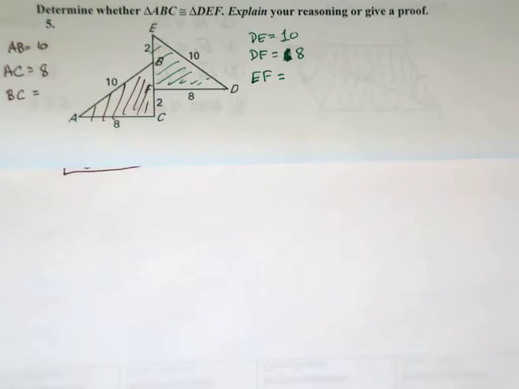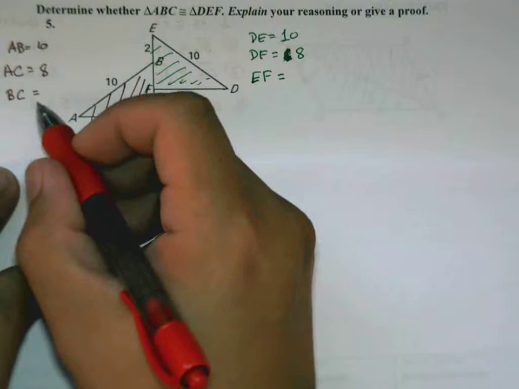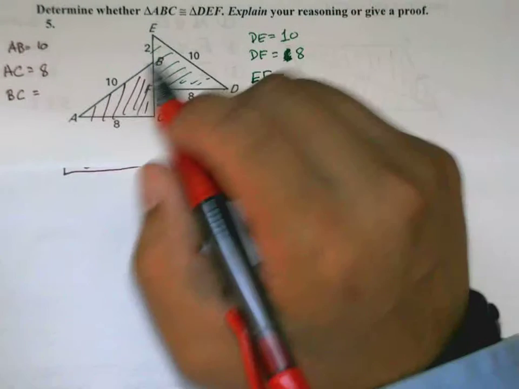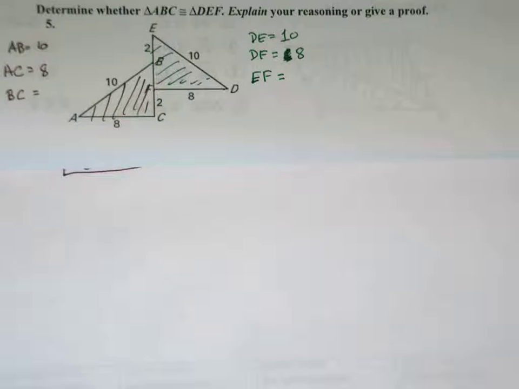Well, let's see here. Let's go back to BC for a moment. So let me get my highlighter out. So hopefully we can see here, if we are looking at BC, that's this section right here.